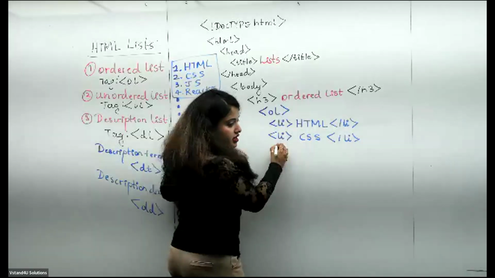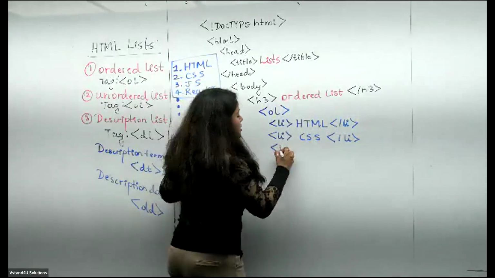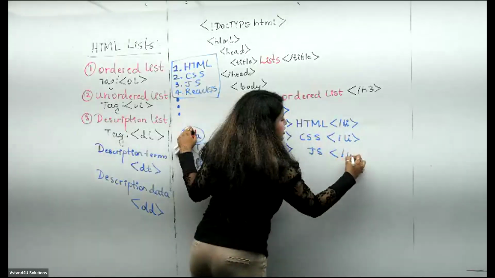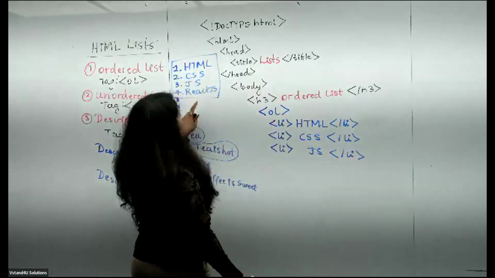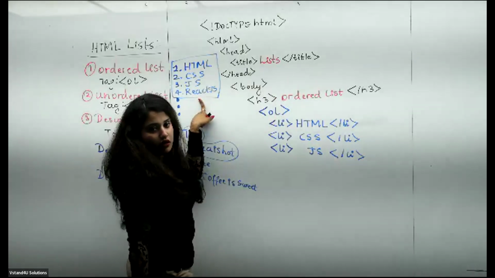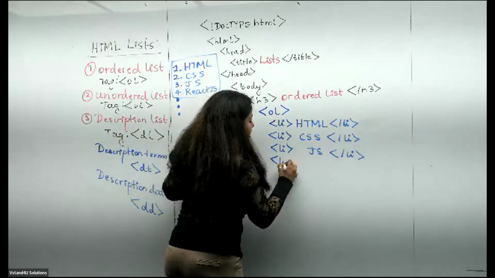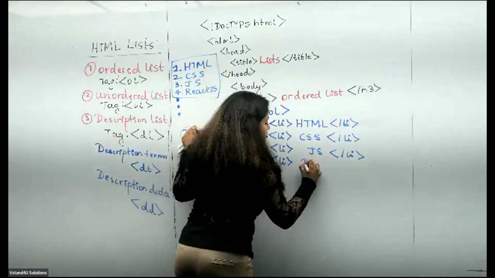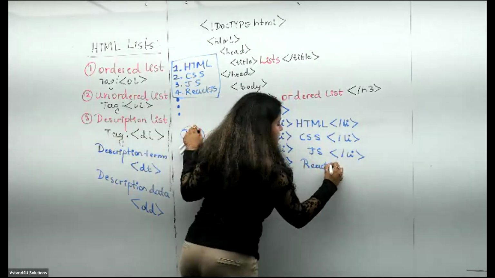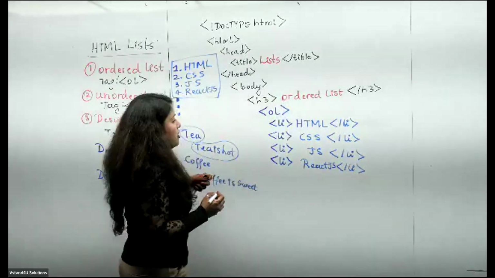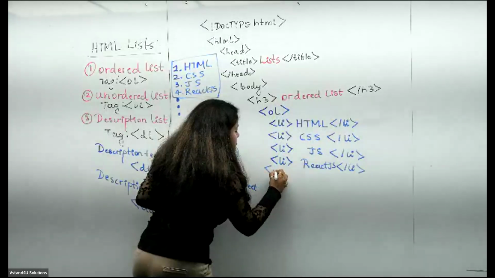Again, should I consider the LI tag? So let me consider the LI tag and let me mention it as JavaScript and let me close this. Next one you have what? Everyone. So again, should I consider LI tag? And then I will mention something called as React.js and I will get it like this. Okay. Should I close the OL tag?